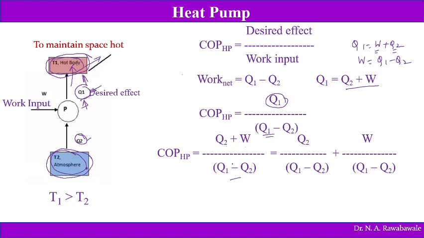On simplification, we get Q2 divided by Q1 minus Q2 plus W divided by Q1 minus Q2. So Q2 divided by Q1 minus Q2 is the COP of a refrigerator.